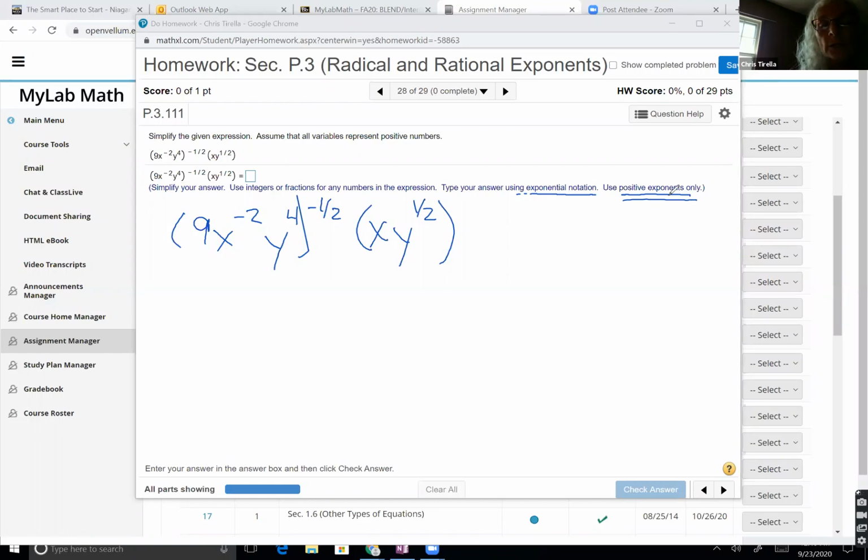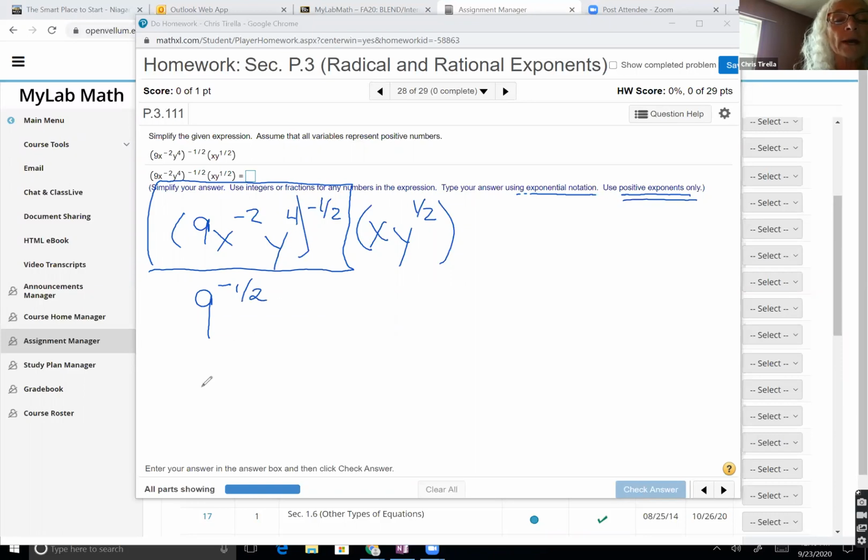As I look at this, again, I'm thinking order of operations. Order of operations: inside parentheses. Inside both those parentheses, there's no work to be done. After parentheses, exponentiation. So I'm taking this first parentheses and I'm raising it to the negative 1/2 power. If it's all multiplication in there and I'm raising it to the power, I have to take each term and raise it to the power.